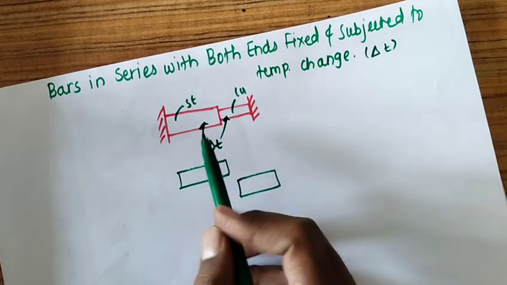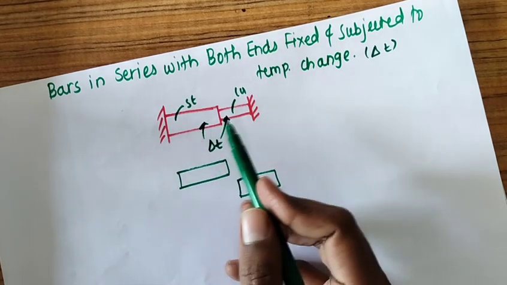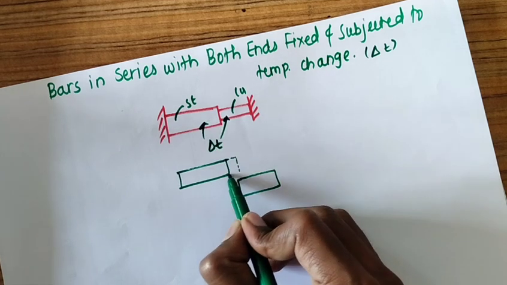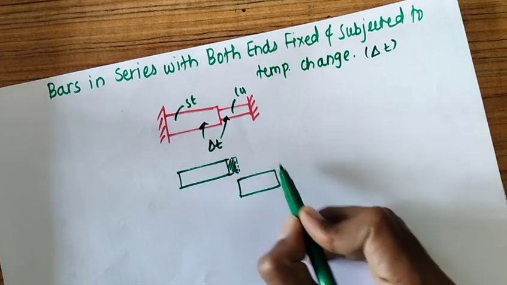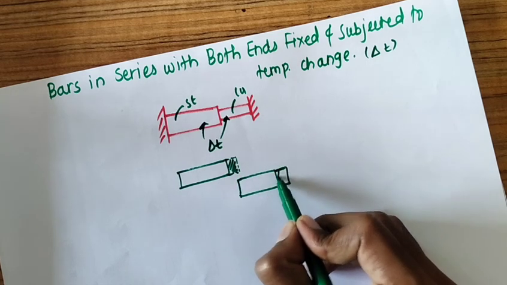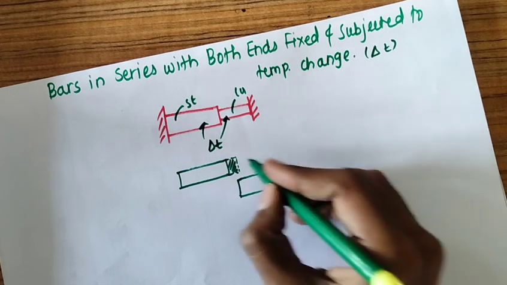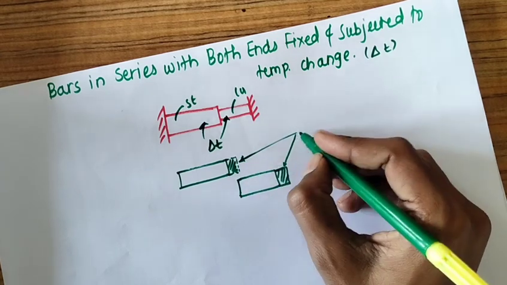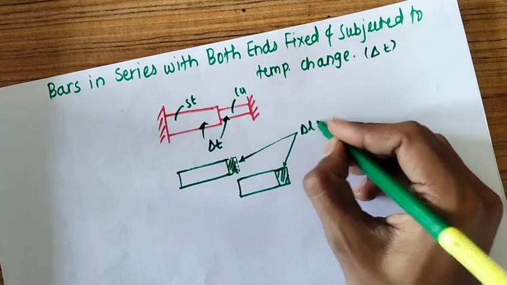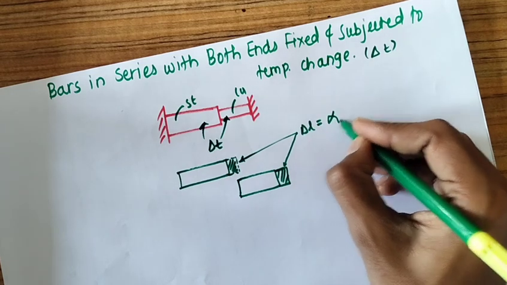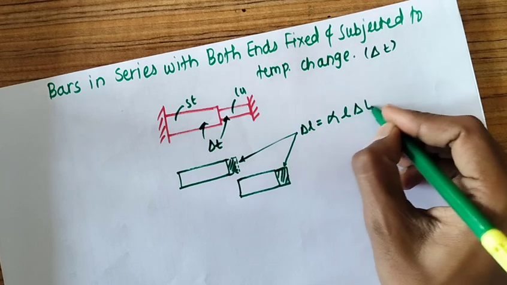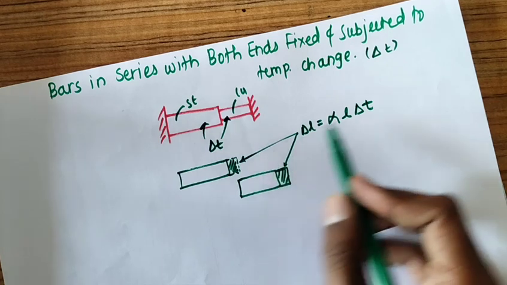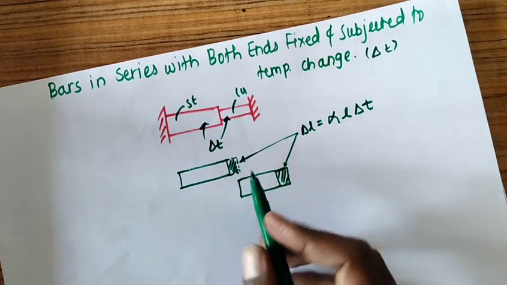Due to temperature change, if they are free to expand, they will expand by a certain amount, and this expansion delta L is equal to alpha L delta T. Both of these are expansions due to change in temperature. Of course, alpha for steel and alpha for copper will be different, so these two have different values.